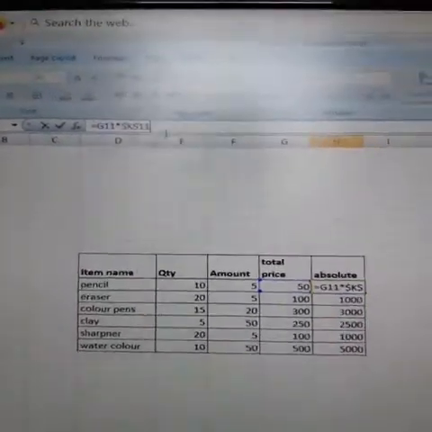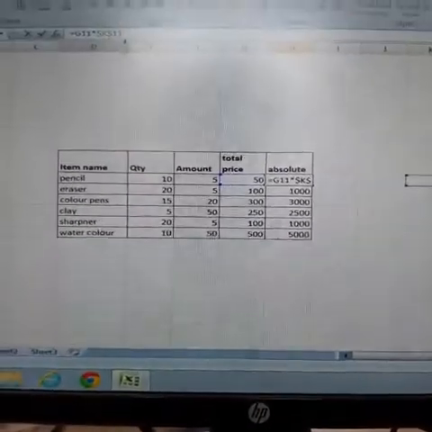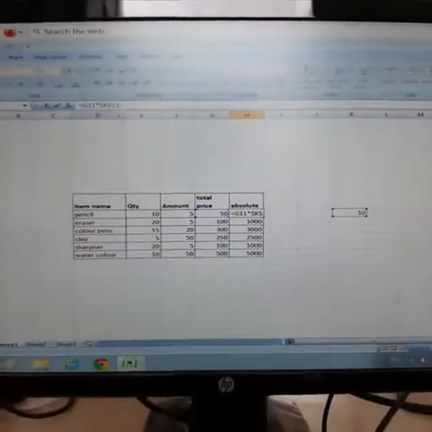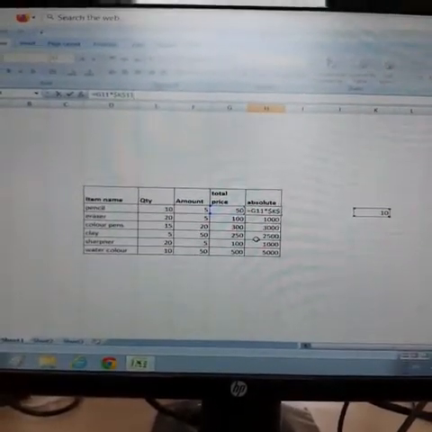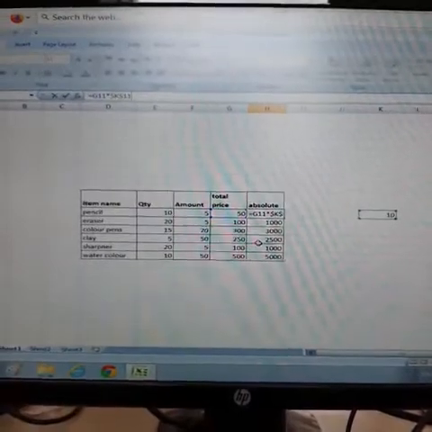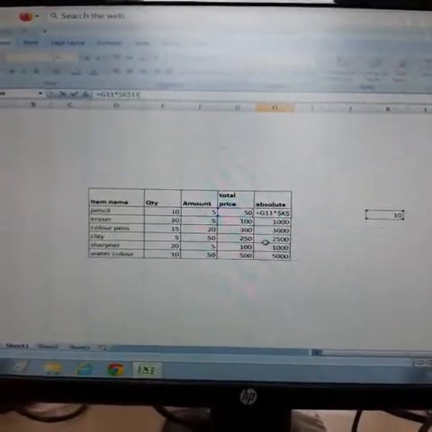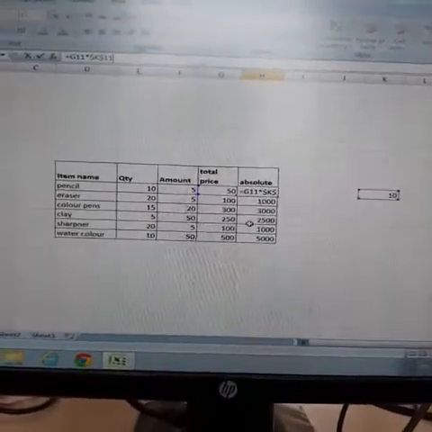So that is the difference between relative address and absolute address. Whenever we use both kinds of address together, it is known as a mixed address. You can practically use it and then you will easily get the idea. Okay, bye bye, take care.